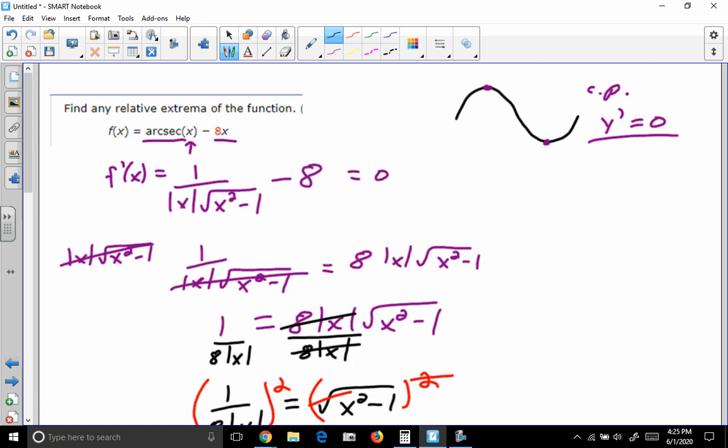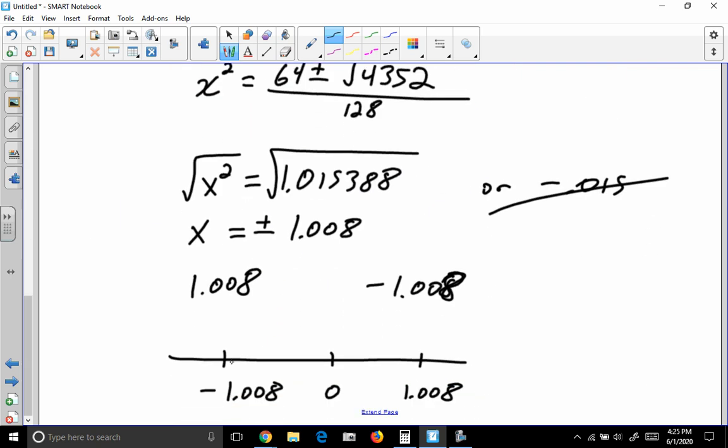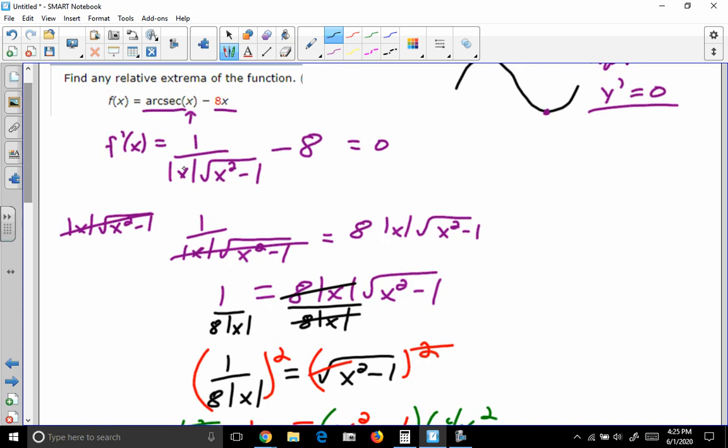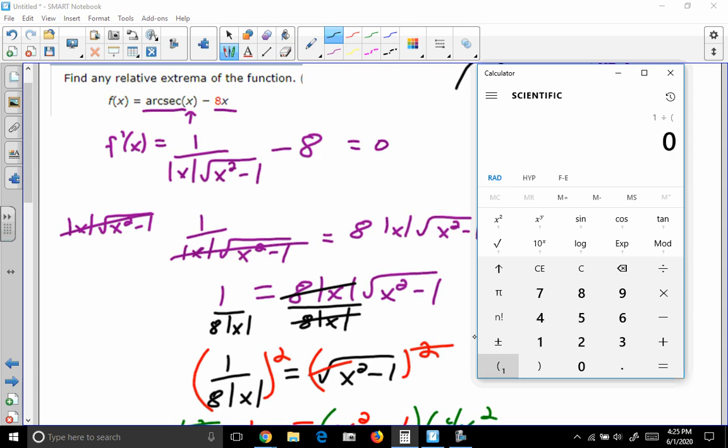If we come in here and put in a number like, say, negative 2, that's a number that is over here to the left. The absolute value of that will be positive 2. Negative 2 squared is 4 minus 1, so 3. So on bottom, we have 1 divided by the absolute value of 2, so 2, times the square root of 3, and then we're going to subtract 8. So that's negative.